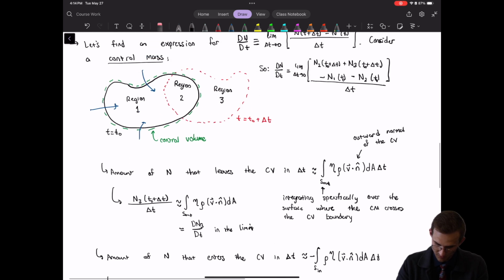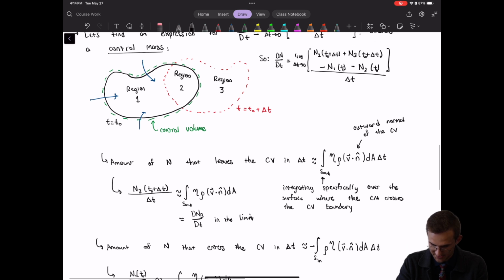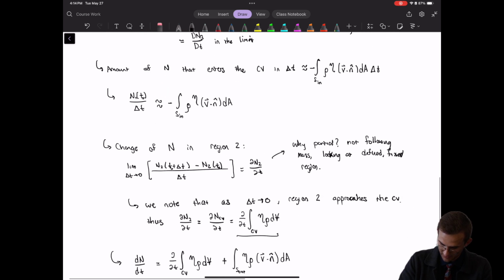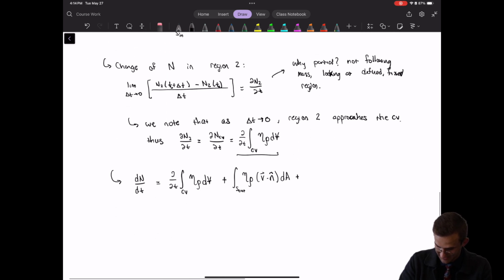So this minus sign cancels with the one up here in the expression, and you have plus the integral over S in of eta rho v dot n hat, the outward normal, dA.